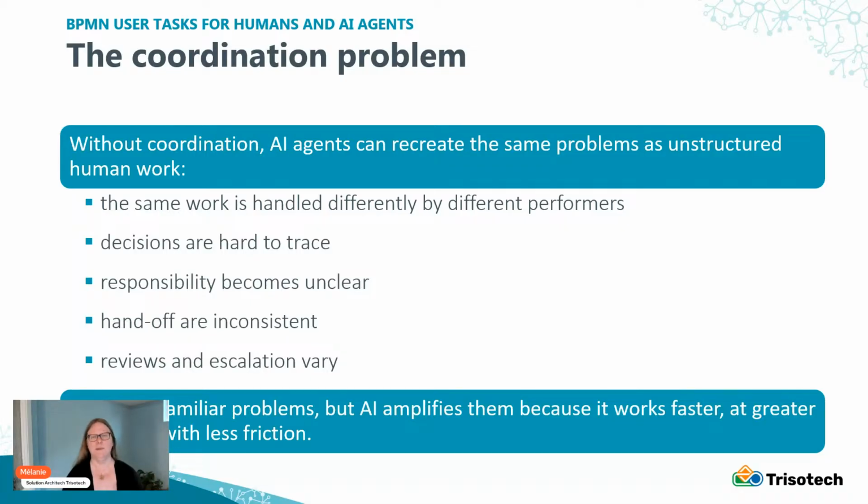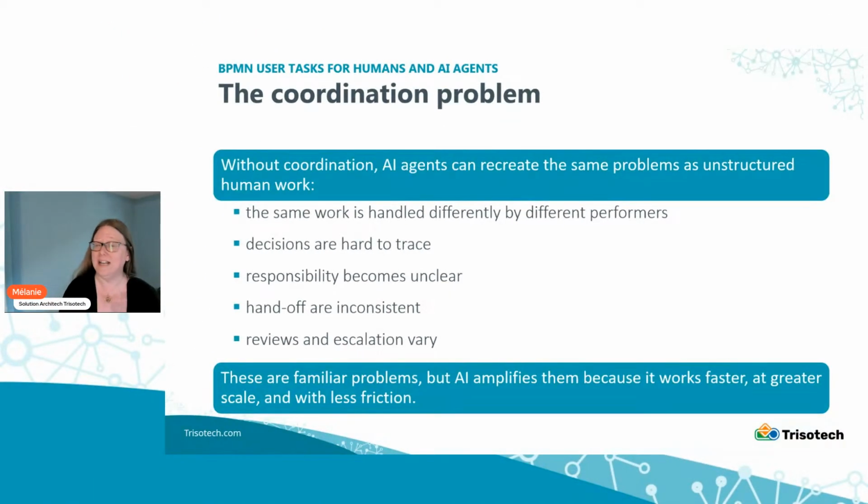So it might get tougher to see what happened. The accountability and the responsibility may become unclear as well if they are at different levels. And the handoff, so if you have a sequence of tasks, different things that need to be done within your organization, maybe one time it's going to be one output and it's not sure where it should go next. So it might become inconsistent.